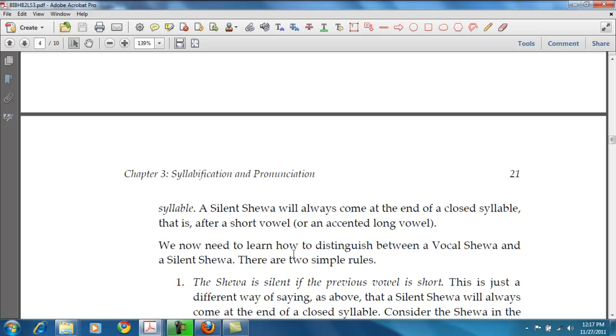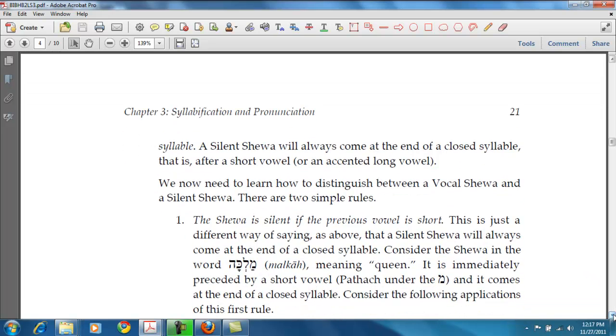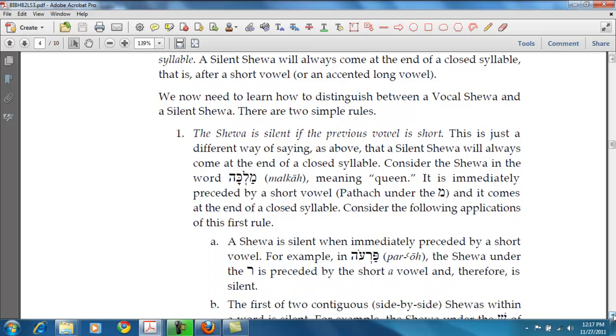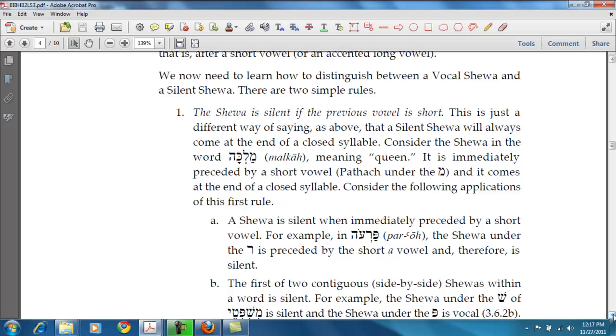Now we need to learn how to distinguish between a vocal Shava and a silent Shava. And there are two rules here, just like there were two rules in determining an open and closed syllable. Rule number one is that the Shava is silent if the previous vowel is short.